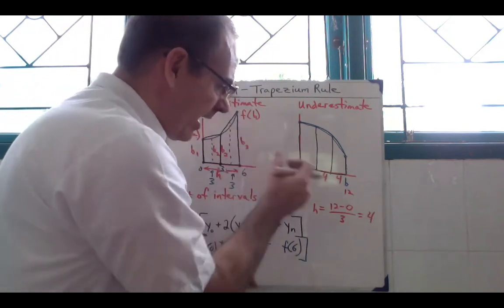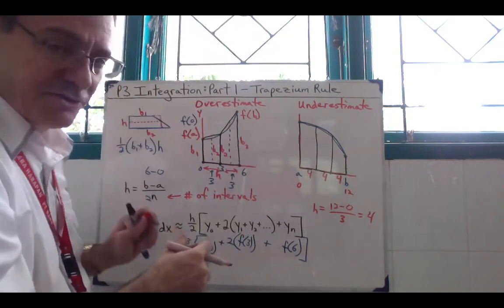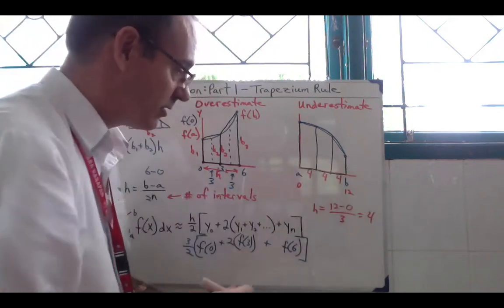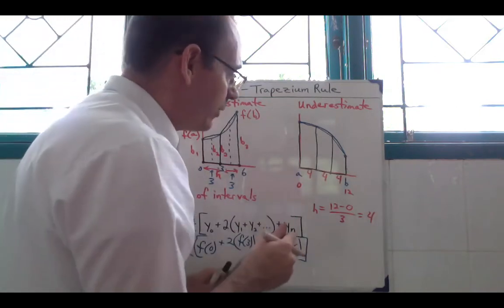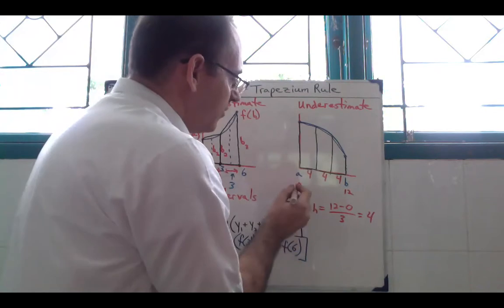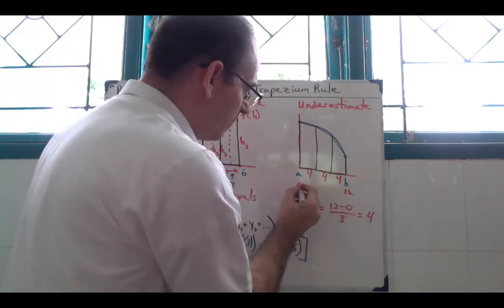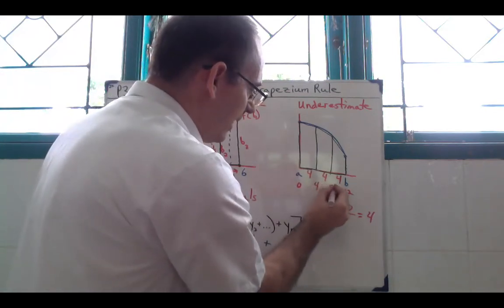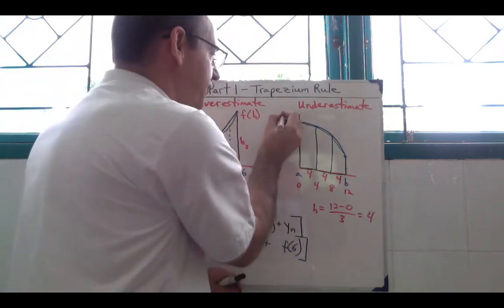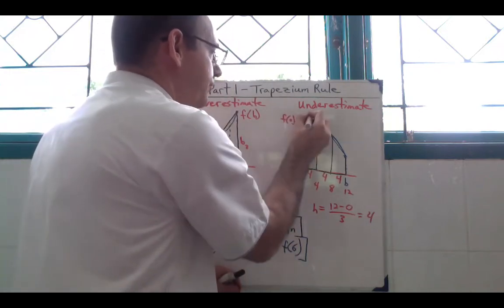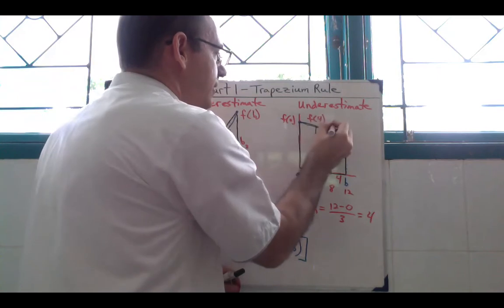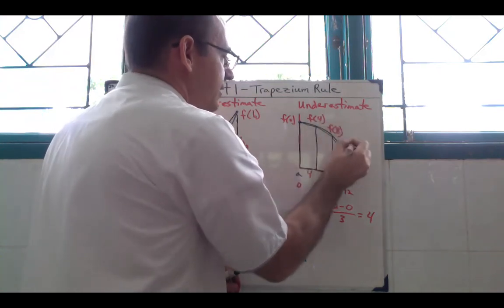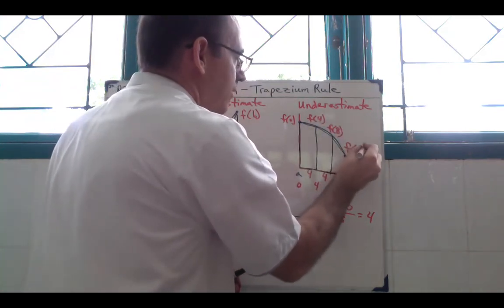And then the height, remember, being the height of the trapezium, so they're actually going horizontally here. Then we need the bases. So if this is 0 and 12, this is 0, 4, 8, and 12. So you need to find f of 0, f of 4, f of 8, and f of 12.